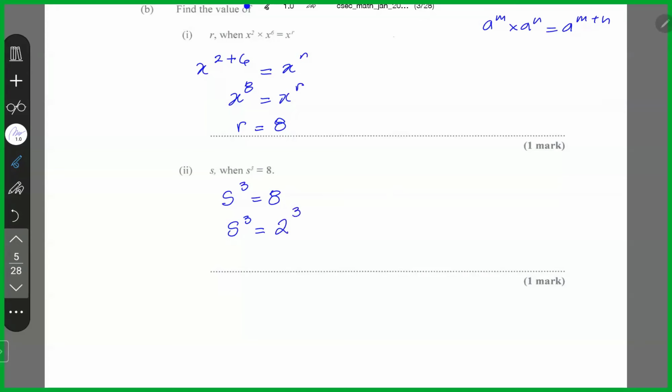Here we have one term on the left, s raised to the power 3, and on the right, 2 raised to the power 3, and they are equal. Therefore, the base on the left and the base on the right must be the same. S must be equal to 2.